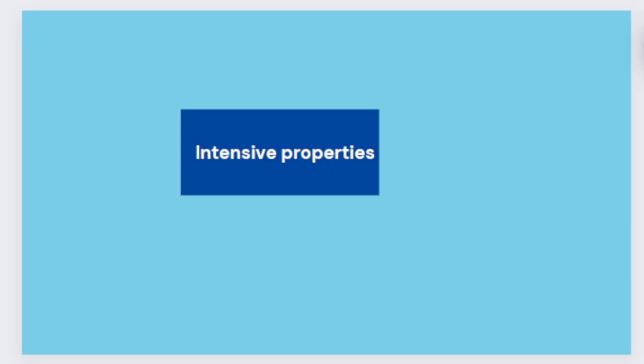Okay, so the second one is intensive property. What are they? Intensive properties are physical properties of matter that do not depend on the quantity or size of the substance present. These properties remain constant regardless of the amount of matter and are often used to characterize and identify substances without considering their size or mass.